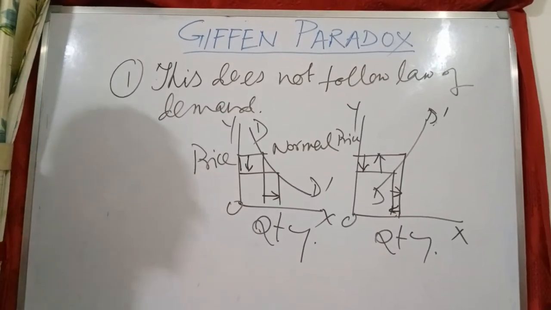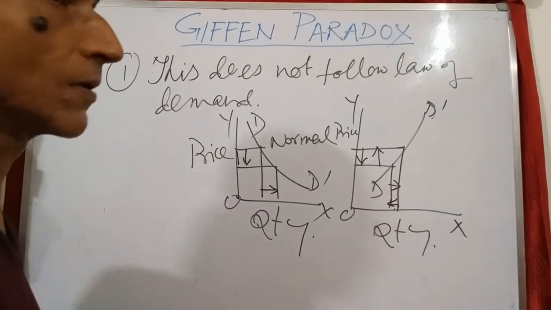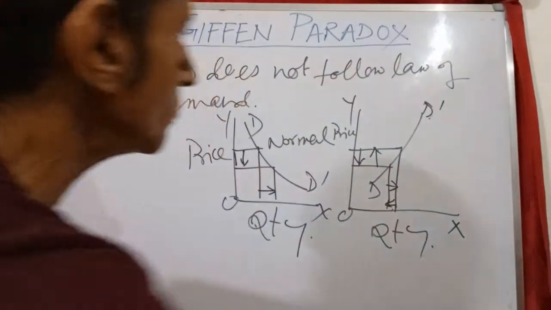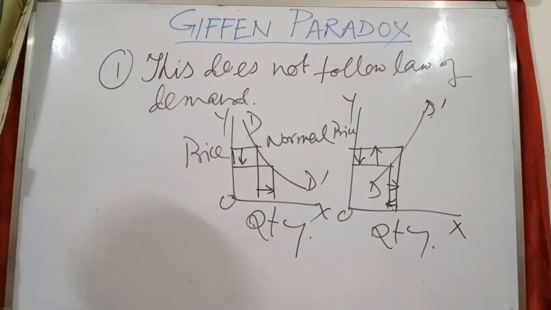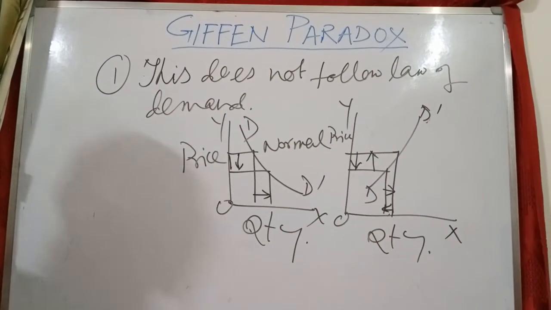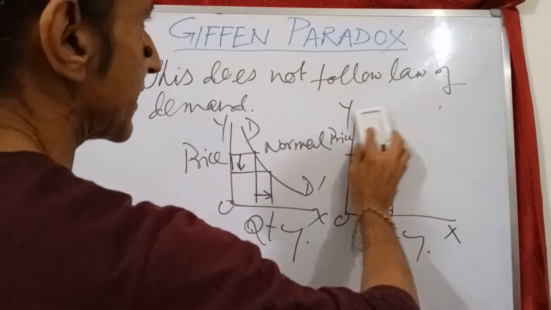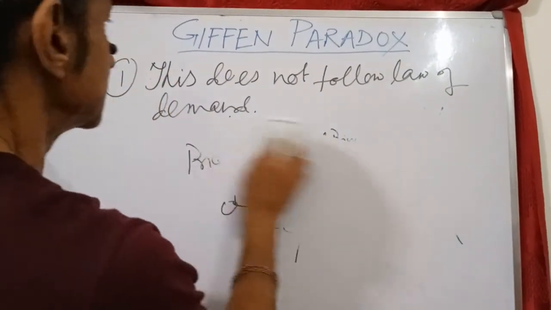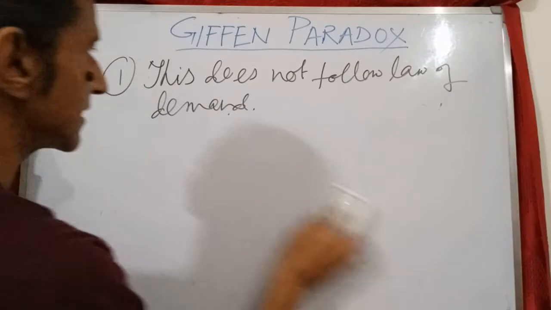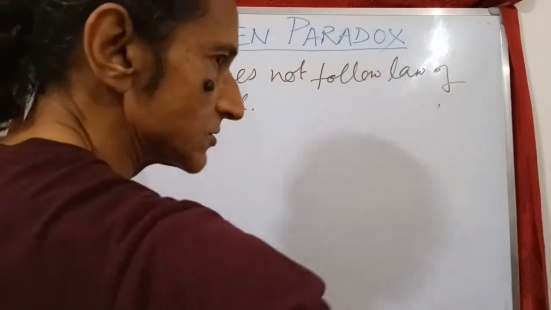Now we'll see how changes in income and changes in prices affect the consumption of the Giffen goods.